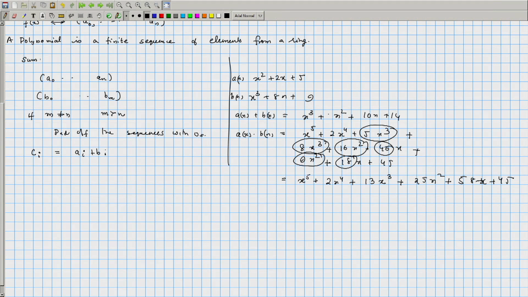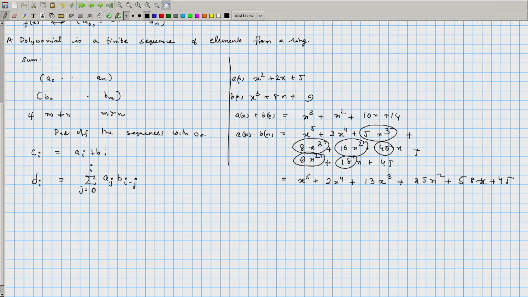Okay. So, multiplication is a little more complex operation, but we are essentially looking at the coefficients and adding and multiplying the coefficients in the ring of integers. Formally, if you multiply these, then the ith term, let us denote it di, is the product. So, di is equal to the sum over j varying from 0 to i of aj b(i minus j).